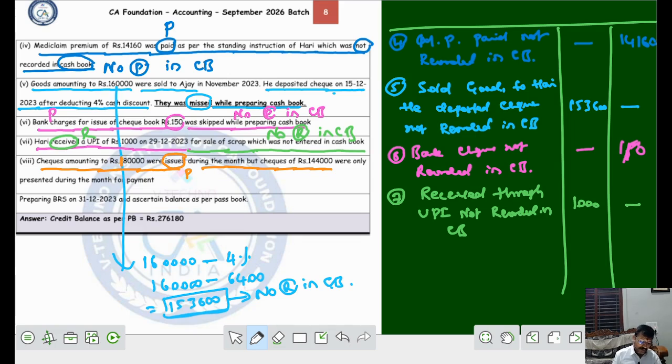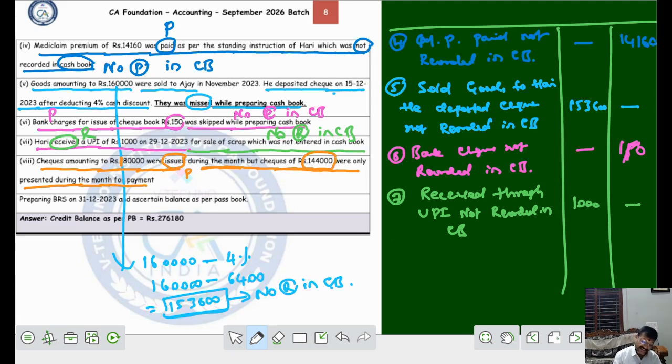Checks amounting to rupees 1,80,000 were issued during the month, but only 1,44,000 were presented for payment during the month. What does it mean? Payment is 1,80,000, but presented to the bank for payment is only 1,44,000.